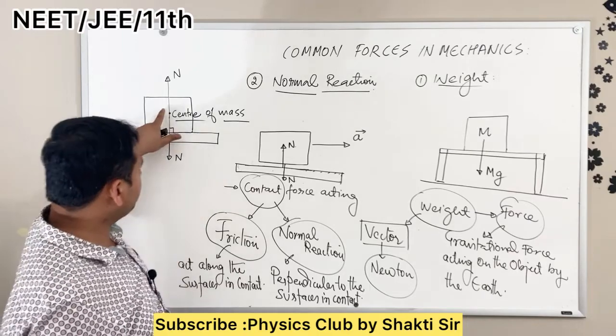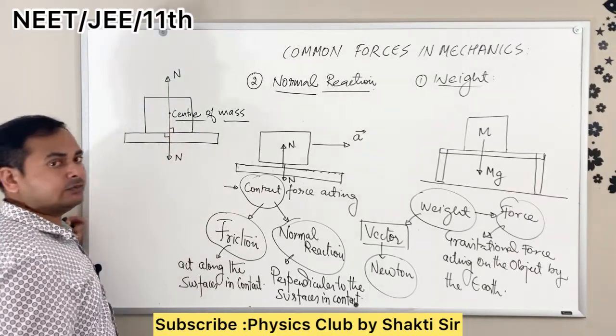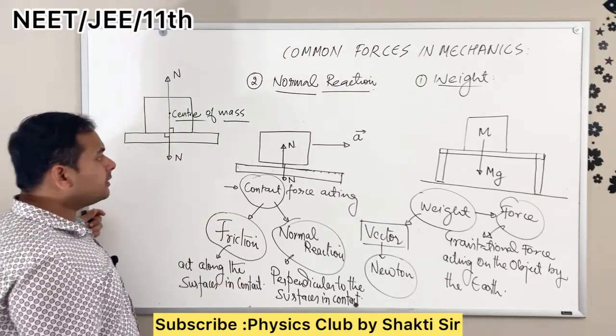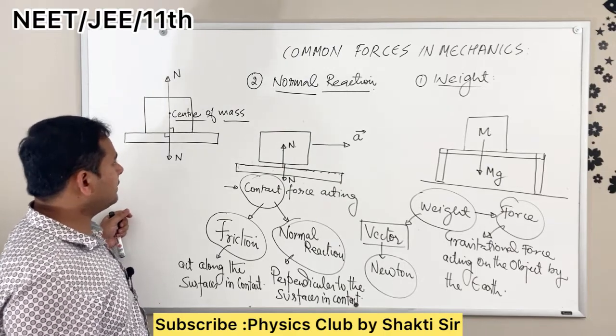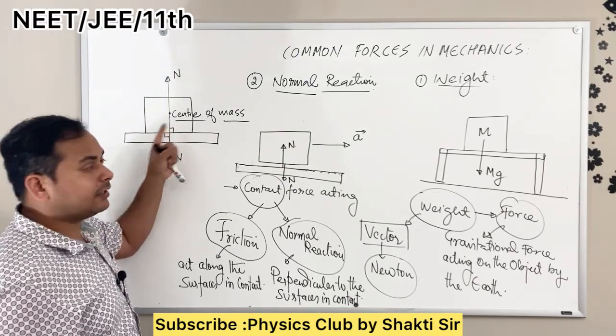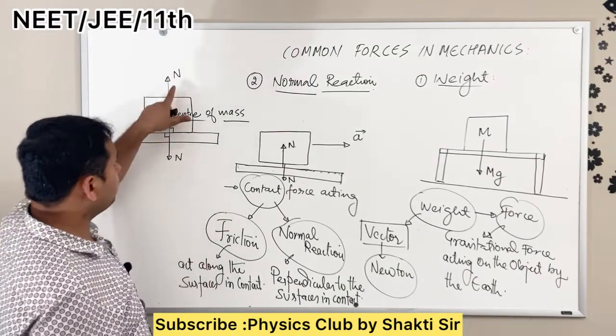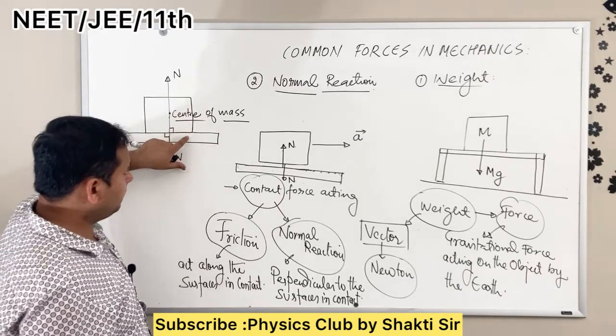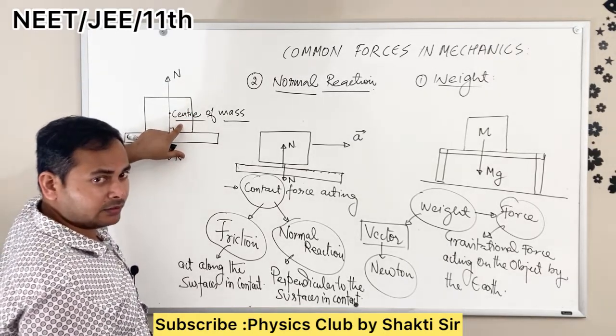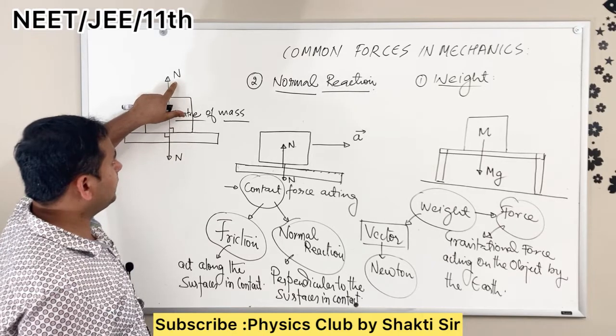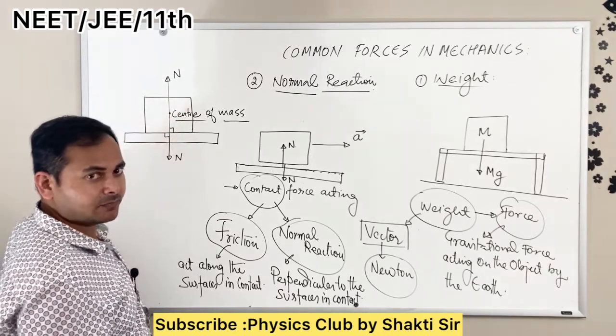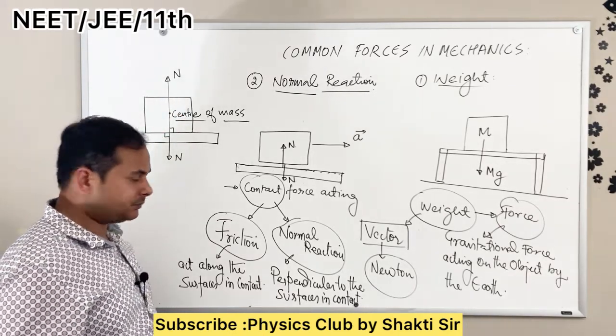Due to this normal reaction, the block is not coming down. In general language, the platform is supporting the block by applying a normal reaction in the upward direction. Right? Clear? Okay.